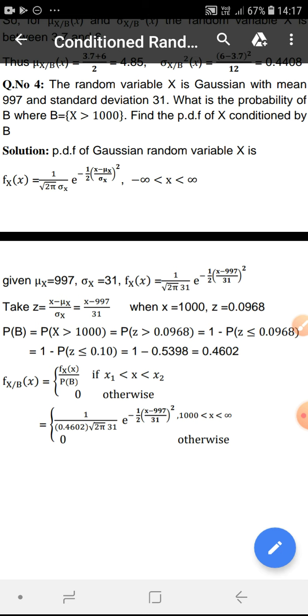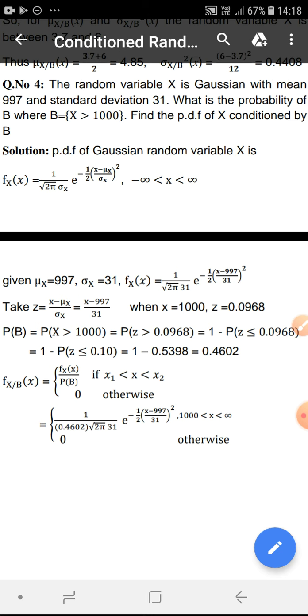So P of z greater than 0.0968 is 1 minus P of z less than or equal to 0.0968, which to 2 decimal places is 0.10. So 1 minus P of z less than or equal to 0.10. Referring to the table, it will be 0.5398, which gives 0.4602.